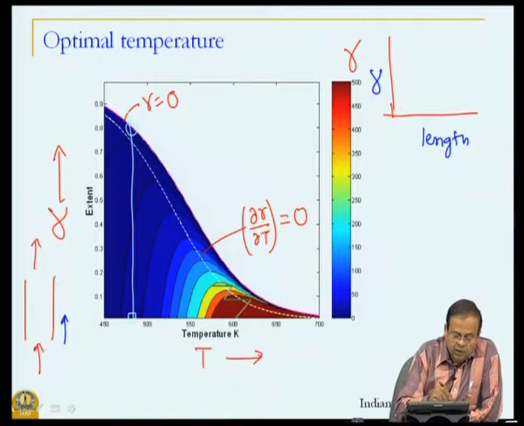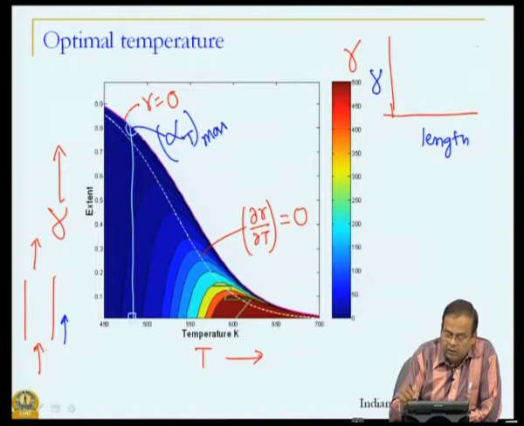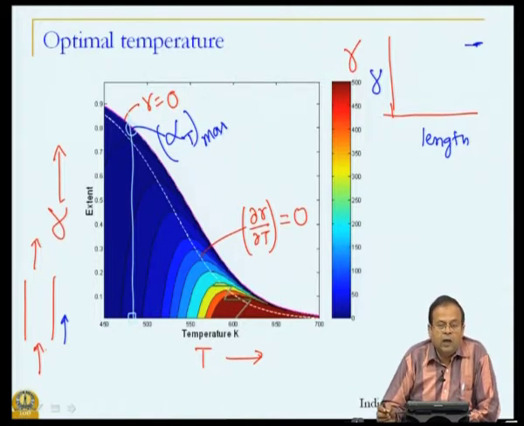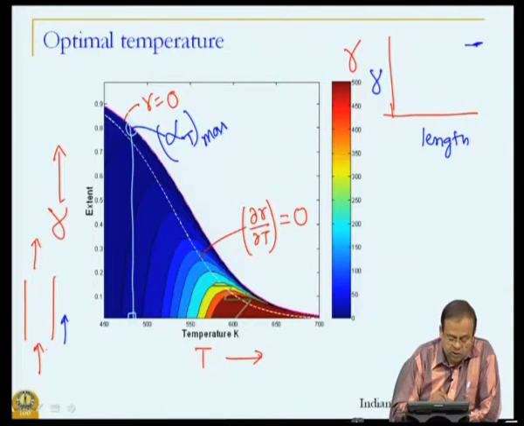What is my limiting value? Let us say that my limiting value is alpha at some temperature T max, and that value is this value over here. So, what will happen to my extent of reaction? Starting with a 0 value, notice what is happening, extent is always increasing, but at what rate is it increasing?